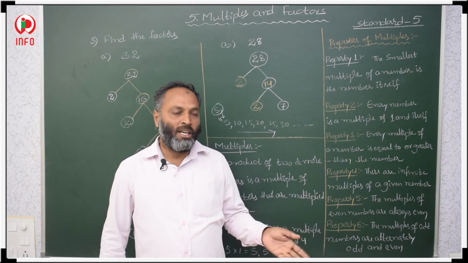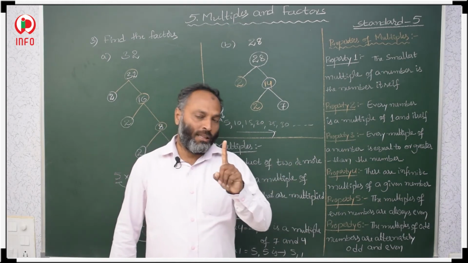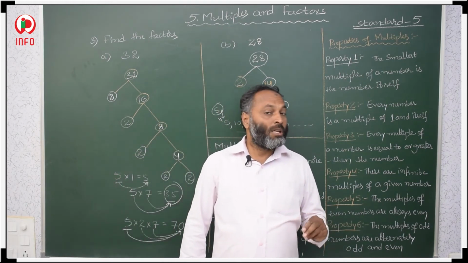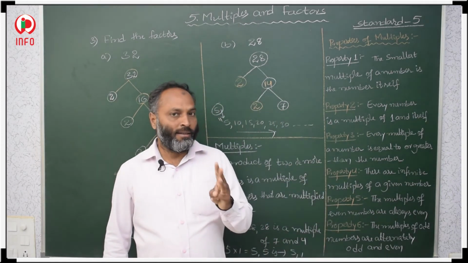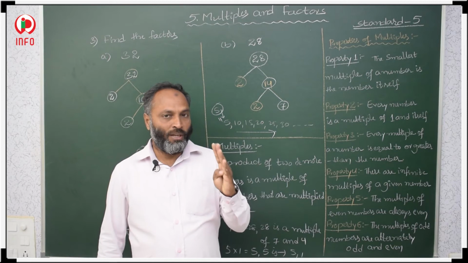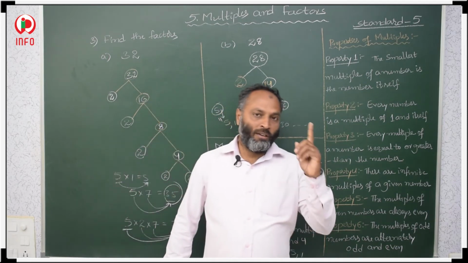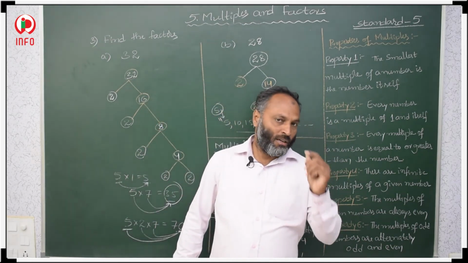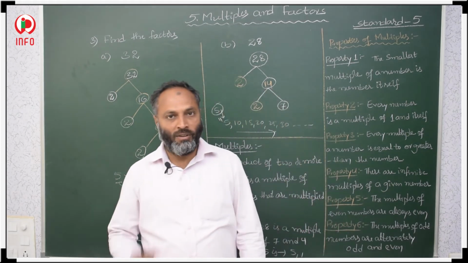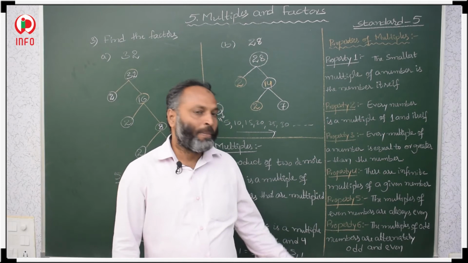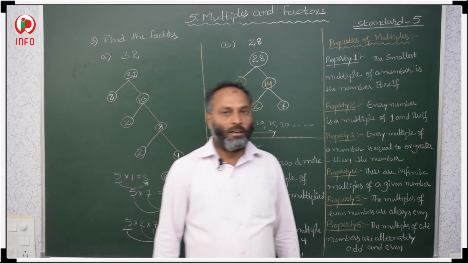Suppose in the 3 table, 3 ones are 3, 3 is an odd number, 3 twos are 6, 6 is an even number, 3 threes are 9, 9 is an odd number, 3 fours are 12, an even number. So it starts from odd, even, odd, even.